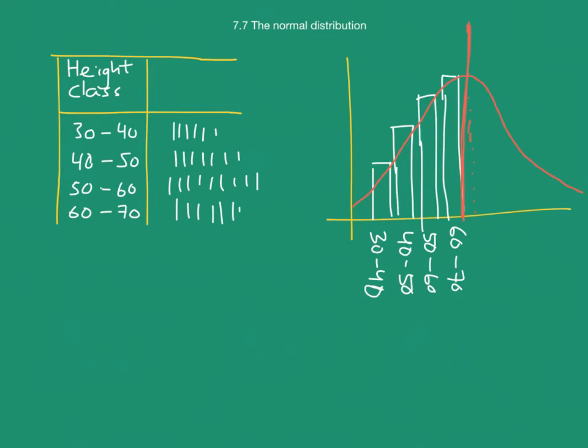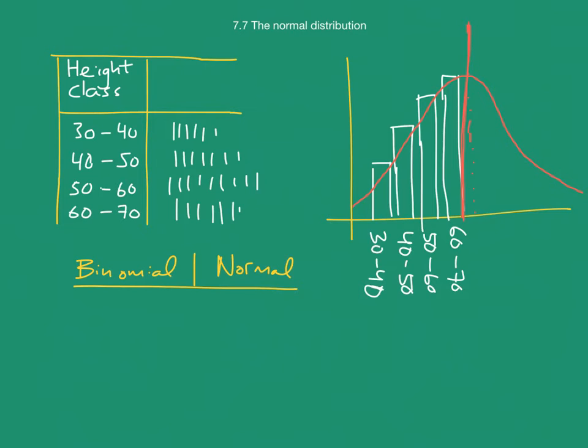So the main difference then between the normal distribution and the binomial probability distribution is that we use binomial for discrete data, and we use a normal distribution for continuous data. Continuous data is data that we can measure.